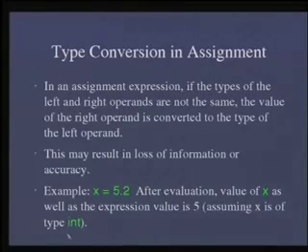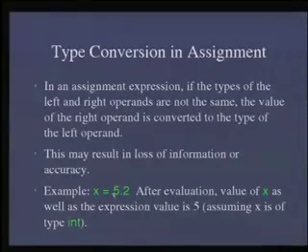Of course, this may in general result in loss of information or accuracy. For example, suppose x is an integer variable and we have the assignment x assigned 5.2. We know that 5.2 is a floating point constant literal, and its type therefore is double. Now the double type is higher than the integer type, as you know, but because of the special rule in assignment, the type of the expression on the right hand side is going to get converted to the type of the variable on the left hand side.